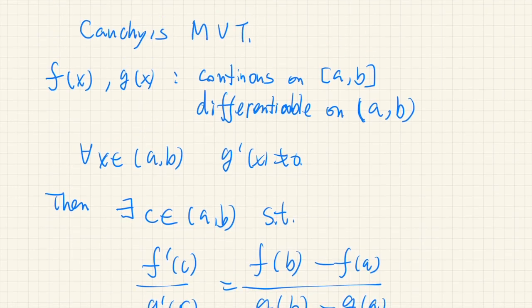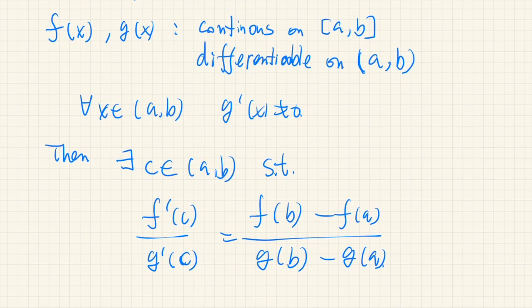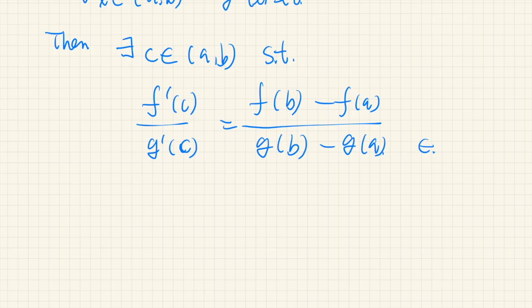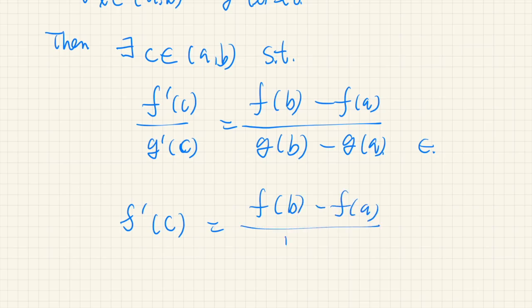Okay, so this looks like the mean value theorem, but the difference is the denominator here. Previously, we had f prime of c is equal to f of b minus f of a divided by b minus a. But here it's different, and we have an extra function g.